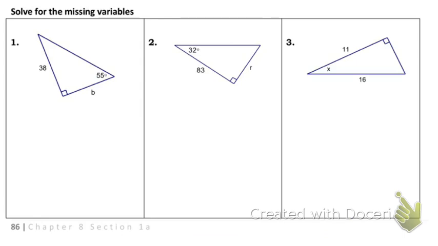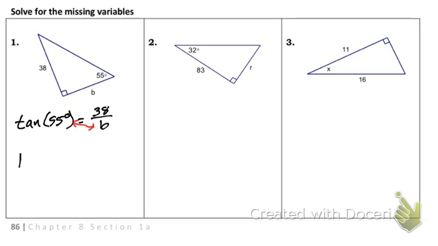All right, our next one is solve for the missing variables. So once again, if you're solving for a side, we are going to use tangent. So we're going to do tangent of 55 degrees is going to equal opposite over b. Now we can either multiply both sides by b, then divide, or we can just say these two things can switch places if it's on the bottom.